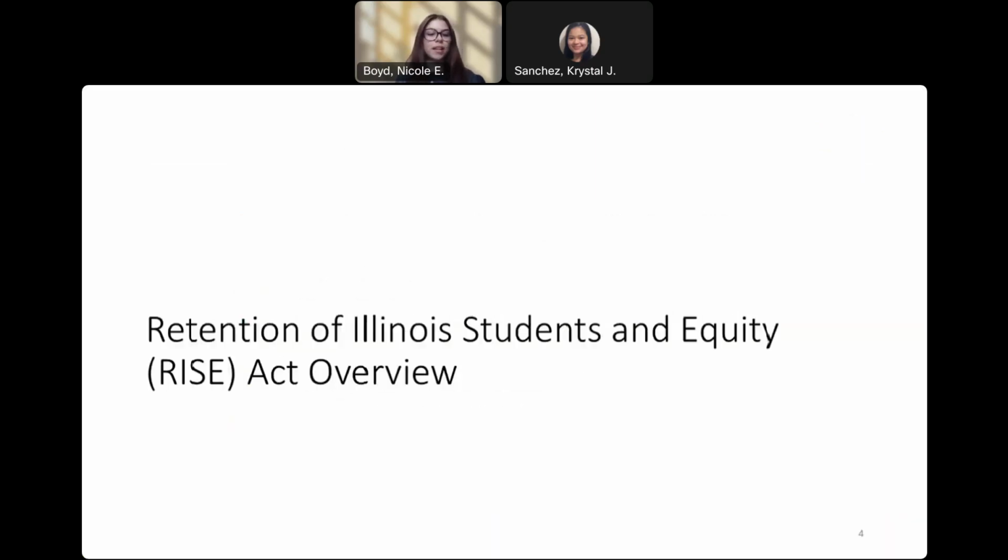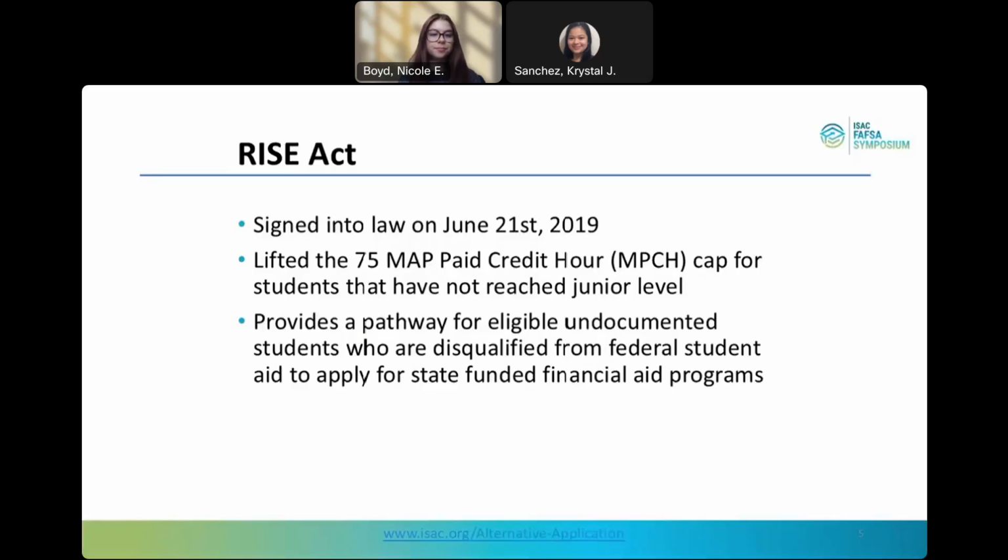So like I said, starting out with an overview of the RISE Act. Just a little bit of background about the RISE Act. The RISE Act was signed into law on June 21st of 2019. And the RISE Act did two different things. So first, it lifted the 75 MAP paid credit hour cap, or the MPCH cap, for students who had not yet reached junior level in their degree program.